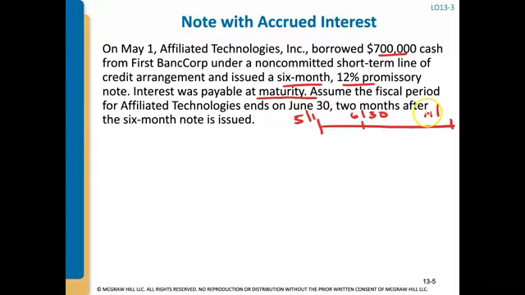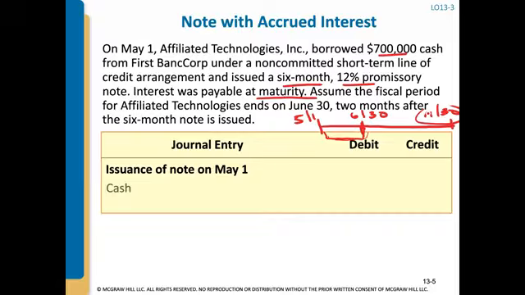I'm just going to put November 30th here. So the company closes their books right here on June 30th, and therefore they need to accrue this 2 months worth of interest that they owe on this note. They won't have to pay until November, but they still owe it and need to accrue that interest.